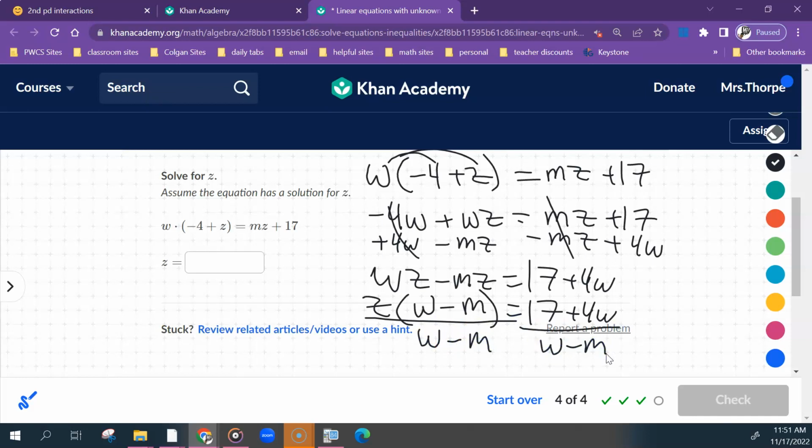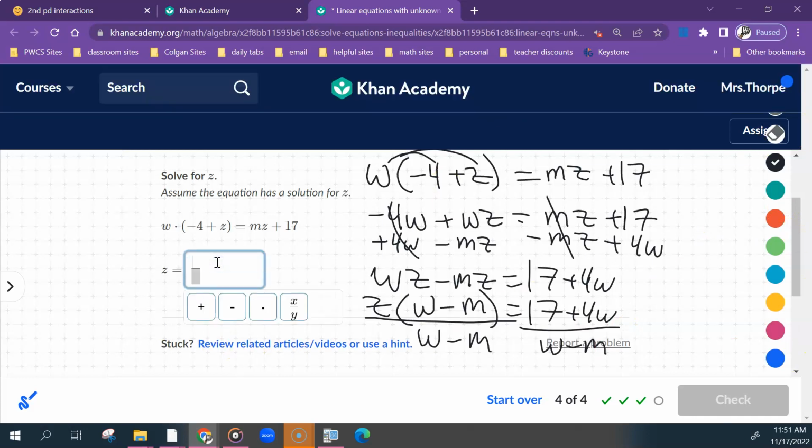So our answer is going to be this fraction right here. 17 plus 4W all over W minus M.